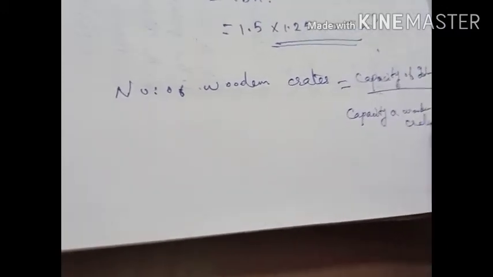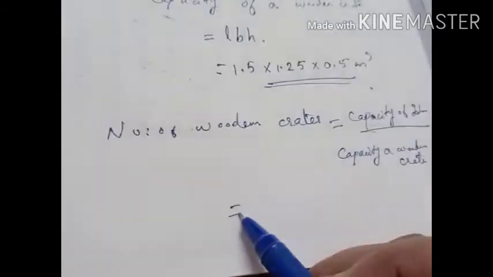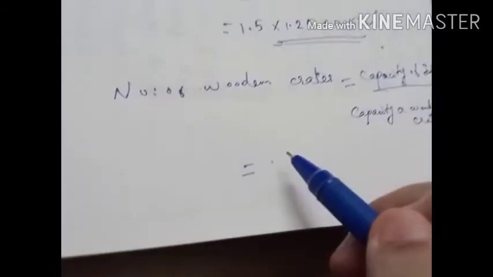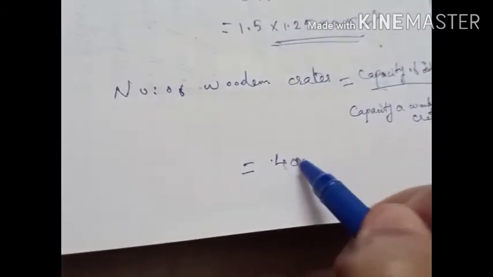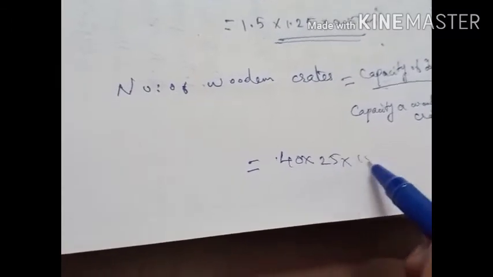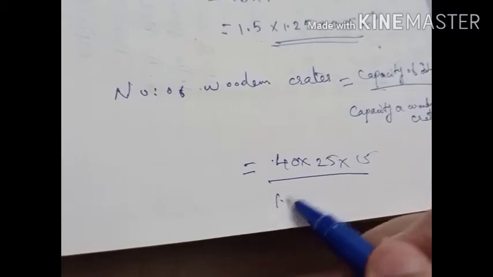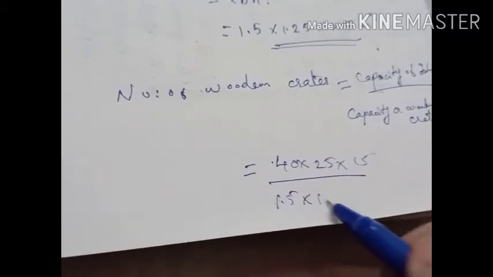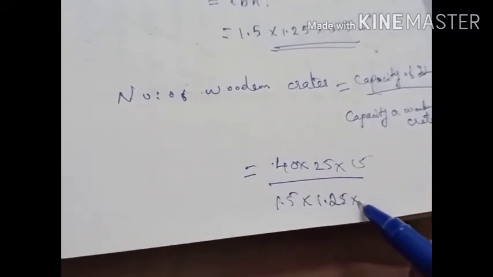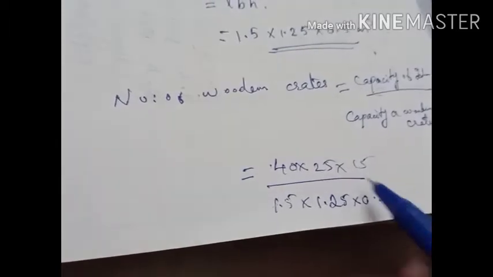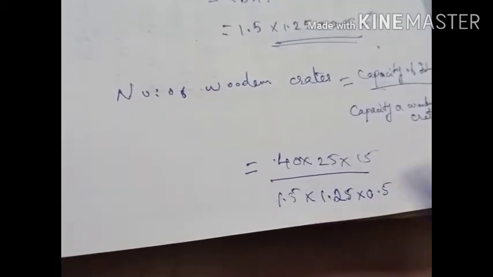We already found that it is 40 into 25 into 15, divided by the capacity of one wooden crate, which is 1.5 into 1.25 into 0.5. Then we have to simplify this.